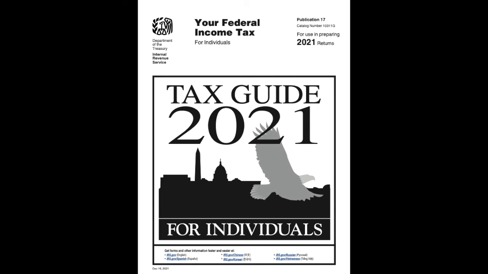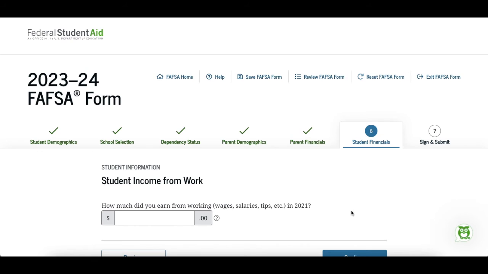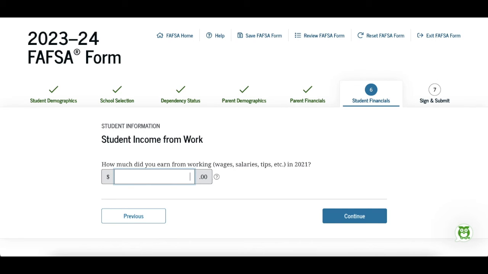You can look up IRS Publication 17 if you're interested in finding out how much money you would have to earn in 2021 in order to start filing a federal income tax return by law. In this case, I'm going to say I had $400 from working part-time.